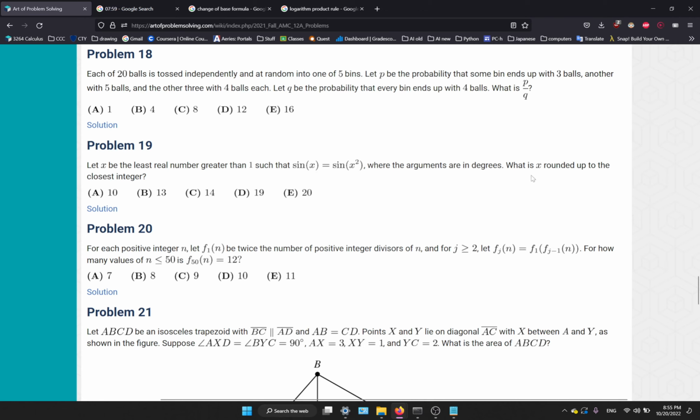Round it up to the closest integer. Would it be like sine of 9 equals sine of 81? No, that doesn't make sense. I see. It's like a clock problem almost. Let me think.